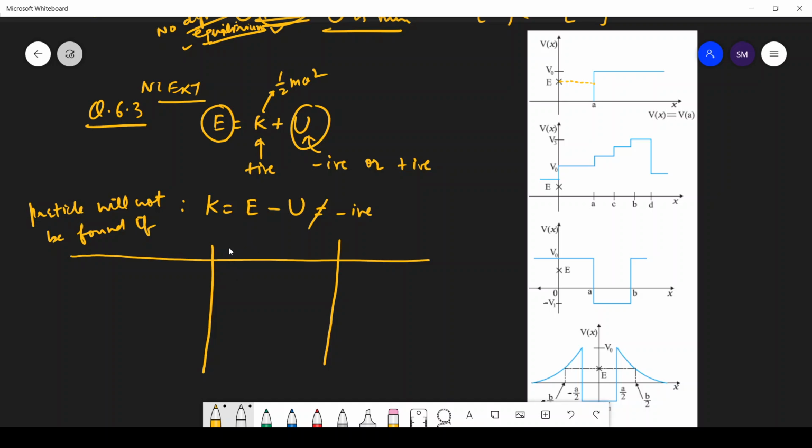We need to tell the region where the particle cannot be found, where the particle does not exist. And then also we need to indicate the minimum total energy the particle must have in each of the cases.